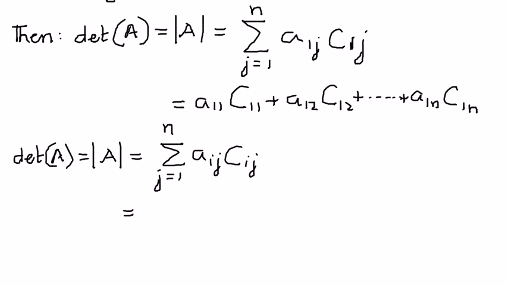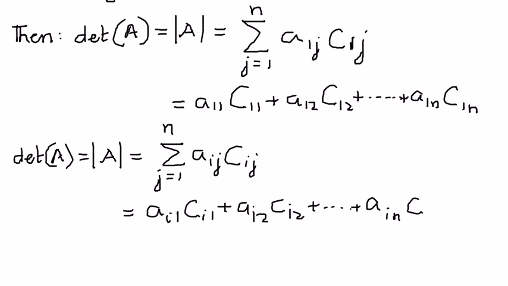This is going to be Ai1, Ci1 plus Ai2, Ci2, and then plus all the way to Ain, Cin.